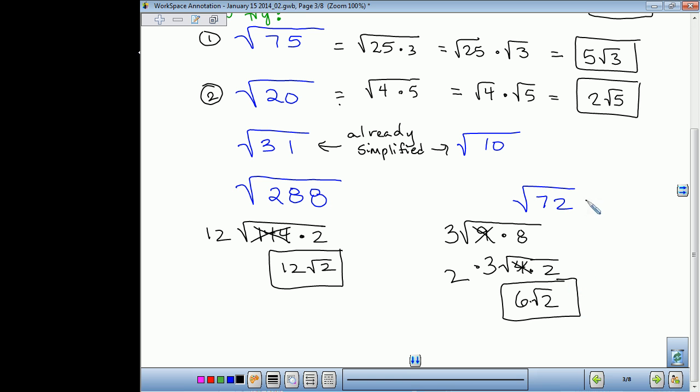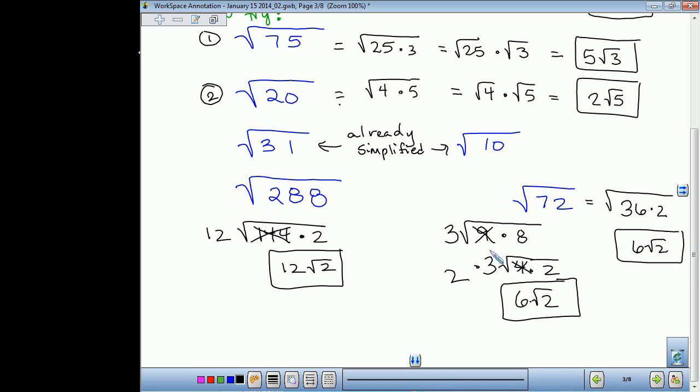Now, if that is the simplified answer, if I had noticed to start with that 72 breaks down into 36 times 2, and the square root of 36 is 6, I get there a lot faster, don't I? So if I recognize the perfect square factor, I get to the correct answer quicker than if I don't, and I just pick a different perfect square.